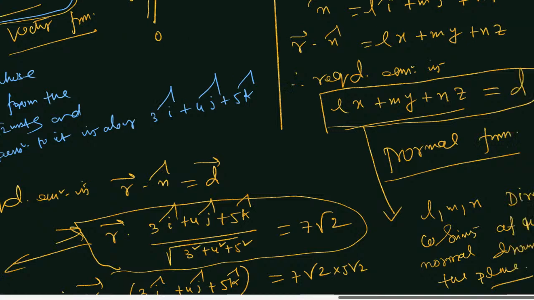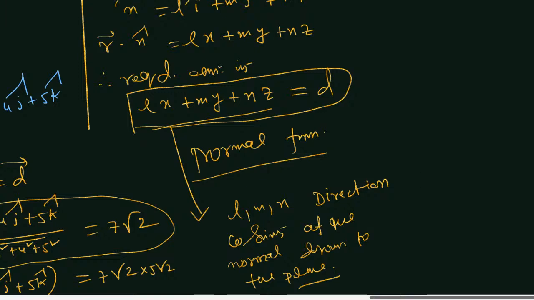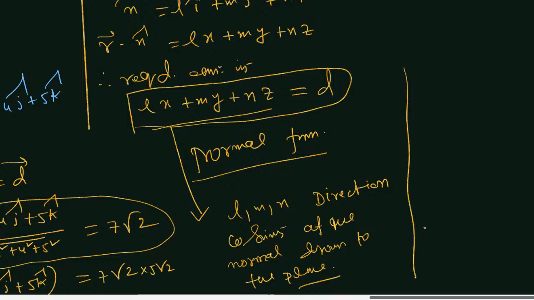Now we can keep the answer in terms of direction ratios also. Let me tell you to write in this manner. Let direction ratios be a, b and c. Then l is what?